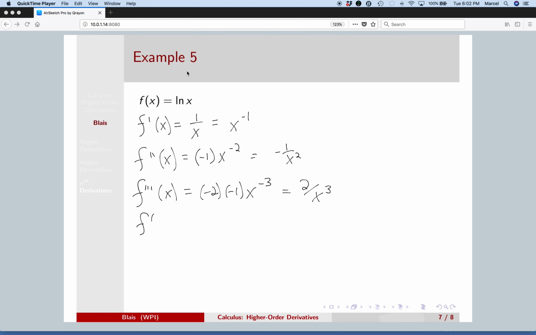For the fourth derivative, power rule on the third derivative. The minus 3 comes out front. x to the minus 4. Or here we have minus, minus, minus. So that's a minus 6 over x to the fourth.